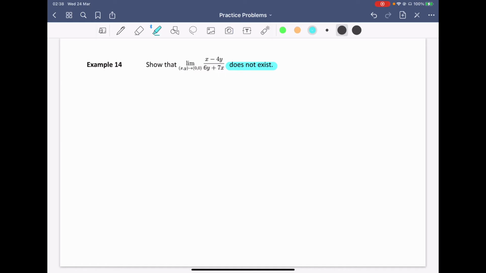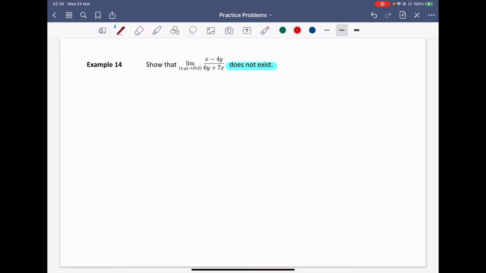We can pick two different curves, and if we find that the limits along different curves approach different numbers, we can conclude that the limit does not exist. So we're gonna use that approach here.